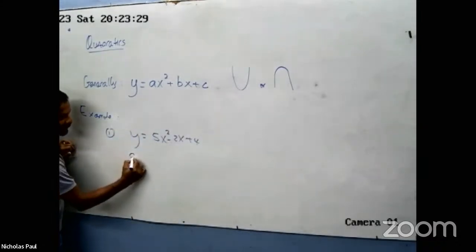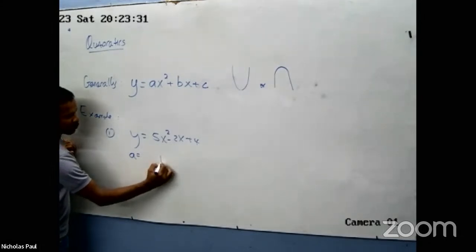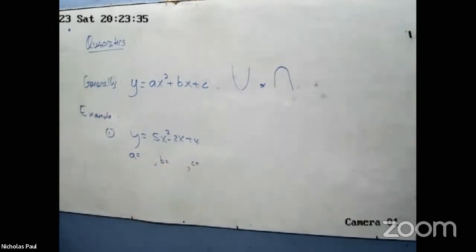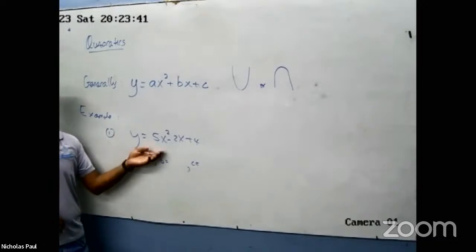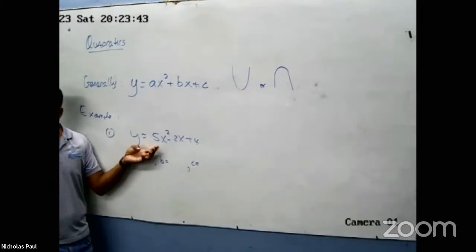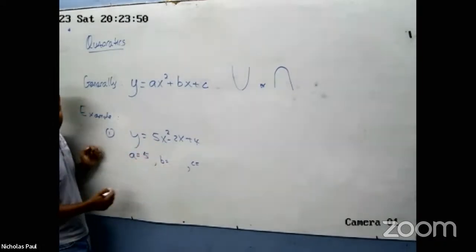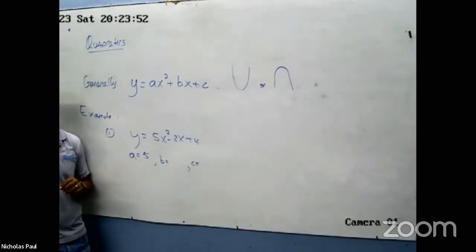Can you tell me what is A, what is B, and what is C? A is what? Anybody? Yeah, 5, and B is -2.